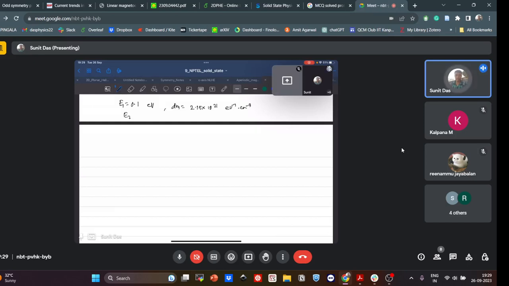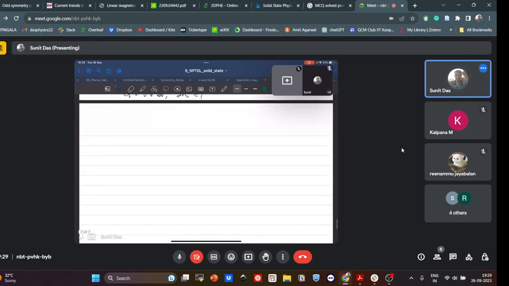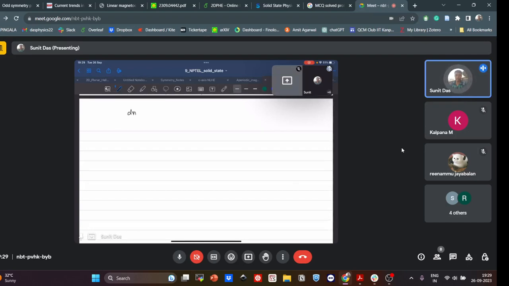And we have also E2 equal to 0.4 eV. Then we need to find what value dn2 is, right? So we can write that dn1 by dn2 equal to root over E1 by root over E2. So this will be 0.1 by 0.4, equal to half. dn2 equal to 2 into dn1, right?